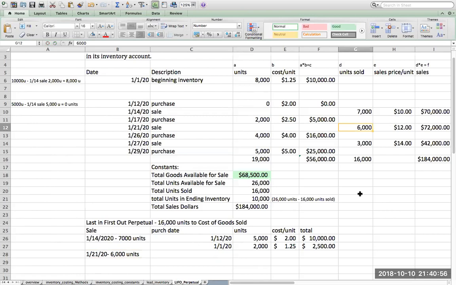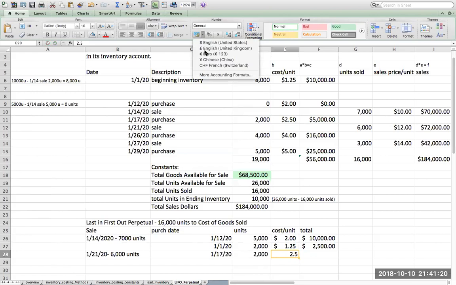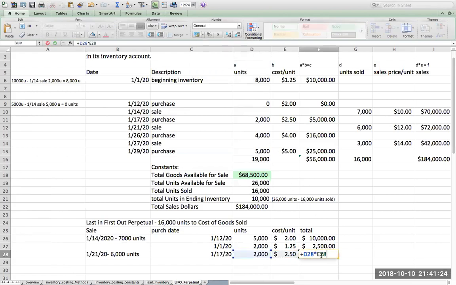Where do I take this from? Well, last in, first out. So I'm first going to take it from my January 17th purchase. This will be 2,000 units at $2.50, giving me the total cost of goods sold for that portion.